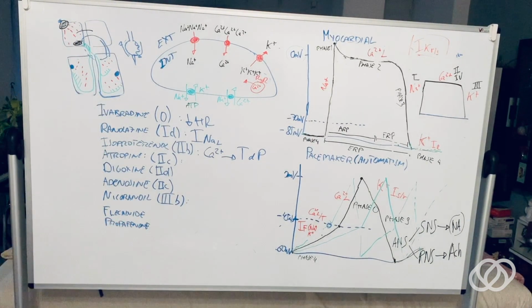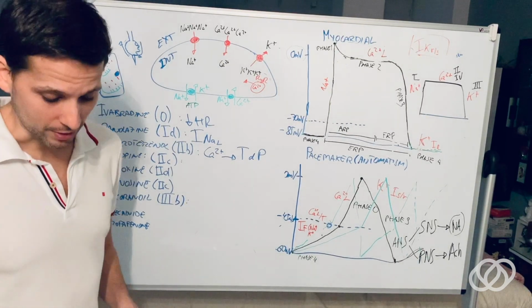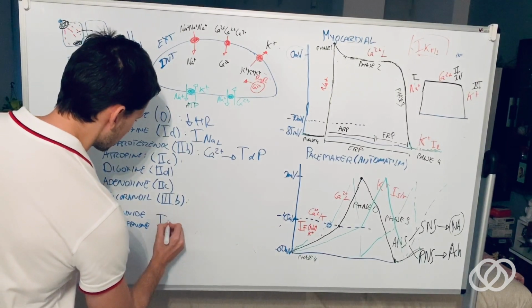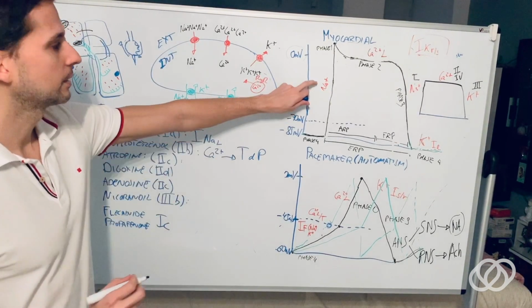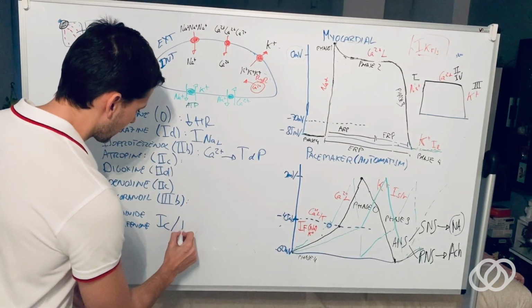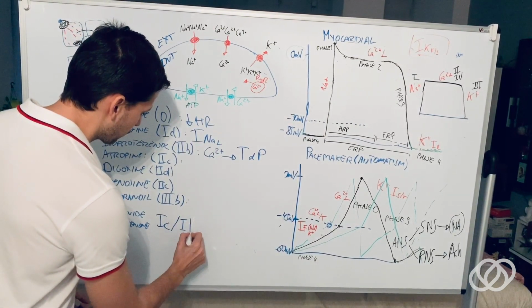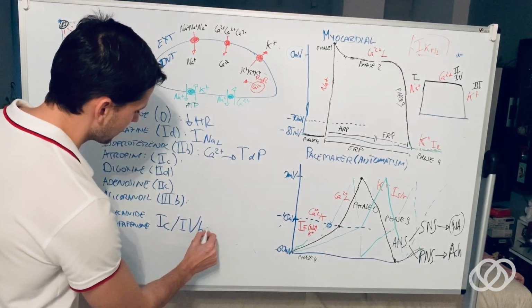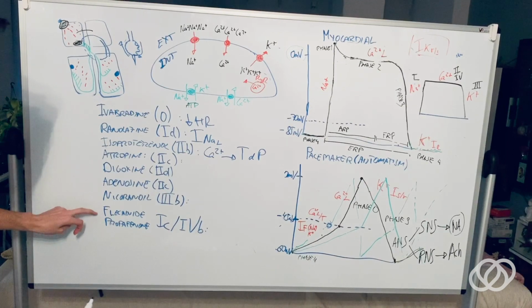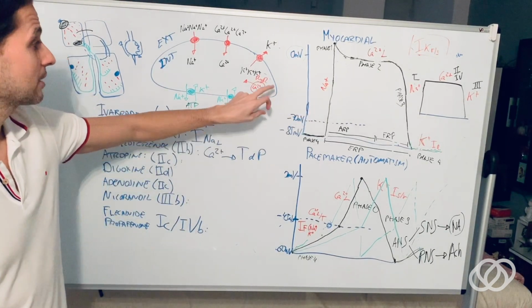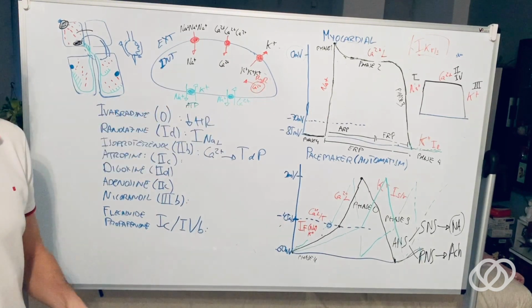We already mentioned them because, if you remember, they were in the class 1C because they block the sodium channels, but they can also be classified in class 4, the 4B. Why? Because they seem not only to block those sodium channels, they also block the ryanodine receptors.